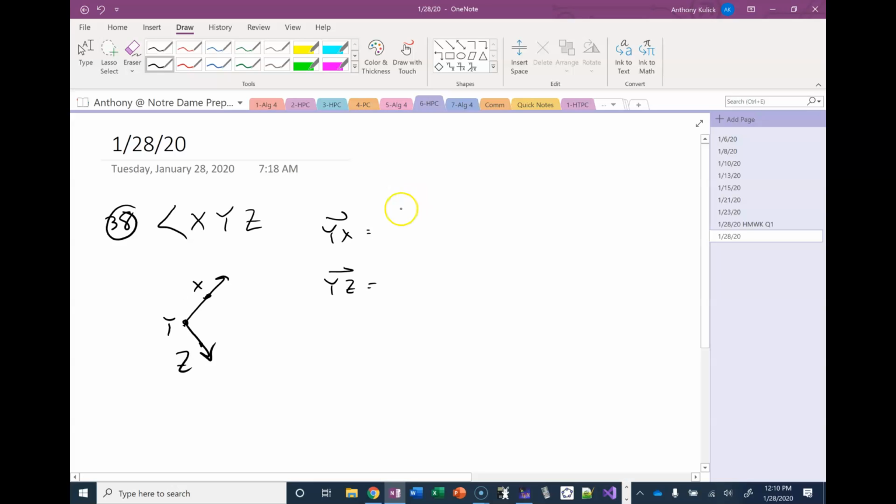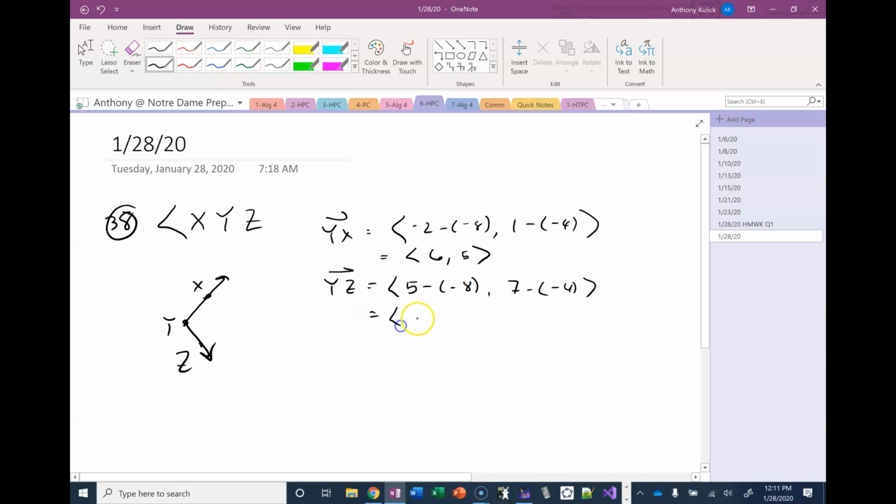So yx is going to be -2 minus -8, comma, 1 minus -4, which simplifies down to 6, 5. And then yz is 5 minus -8, comma, 7 minus -4. And that simplifies down to 13, 11.